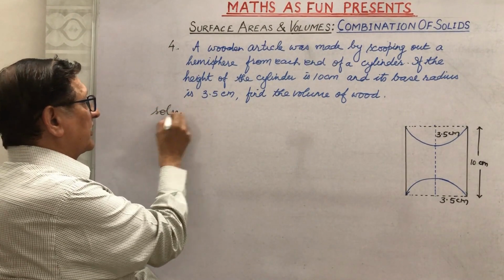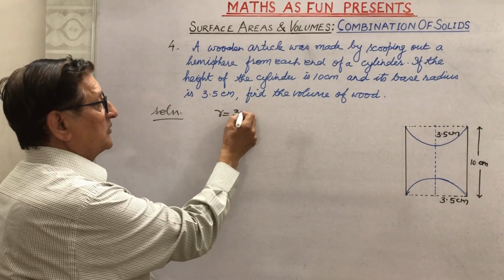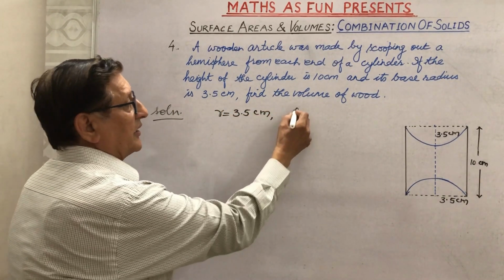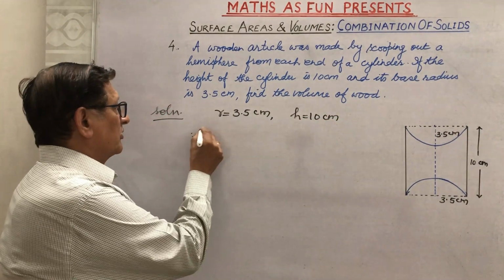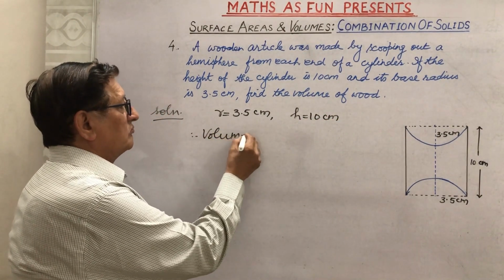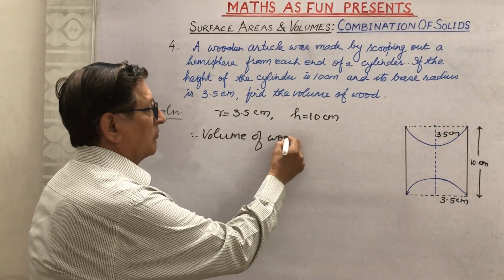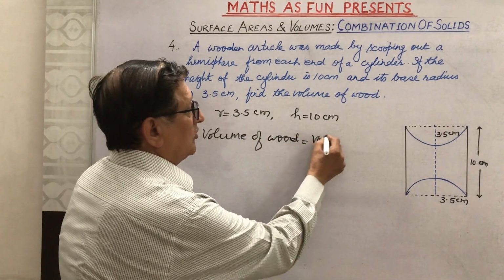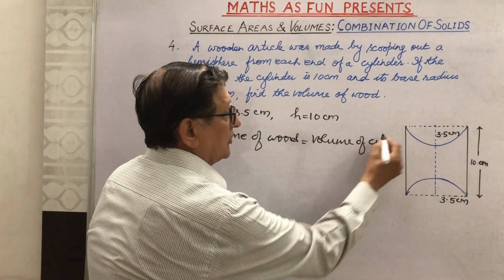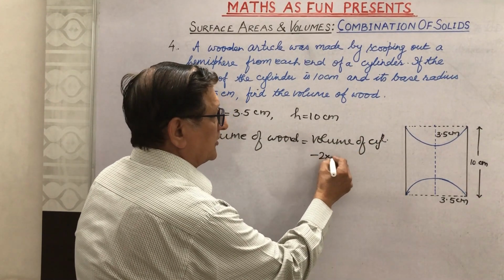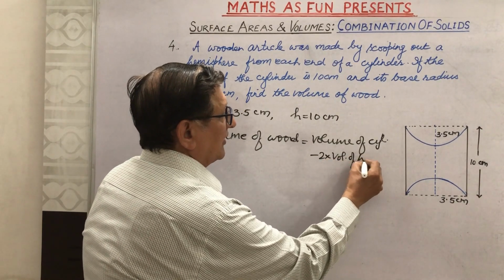In solution we write the radius r is 3.5 centimeter and height h has been given as 10 centimeter. Therefore, volume of wood is equal to volume of cylinder minus 2 into volume of hemisphere.